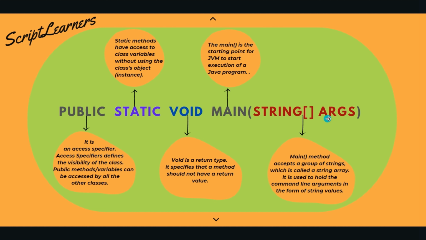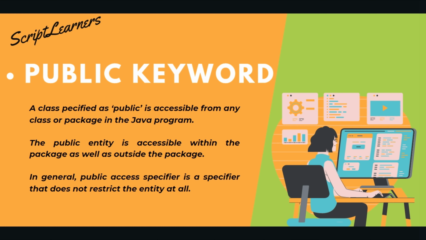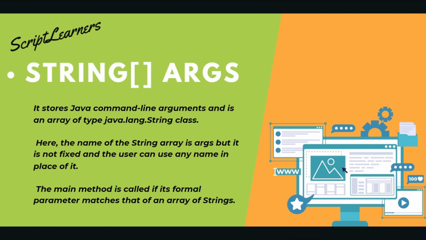Let's discuss command line arguments in detail. By using command line arguments, we can easily check the behavior of the program by giving various inputs. The arguments which are passed from the command prompt are called command line arguments. Java virtual machine will create an array by passing that as an argument. Java virtual machine will call the main method.